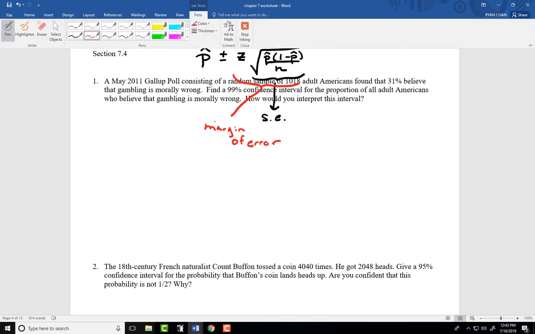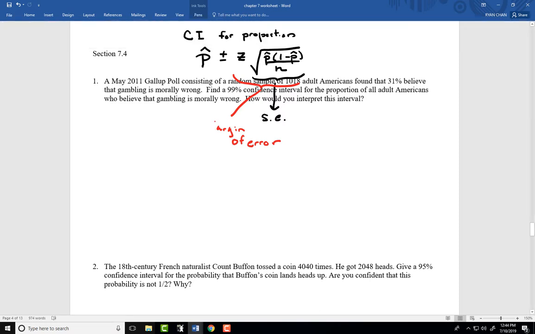So what's the point of confidence intervals? This was explained partially in the PowerPoint, but when it comes to proportion, it's when you poll people.